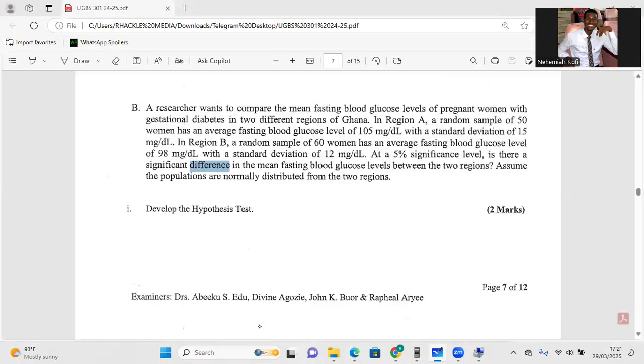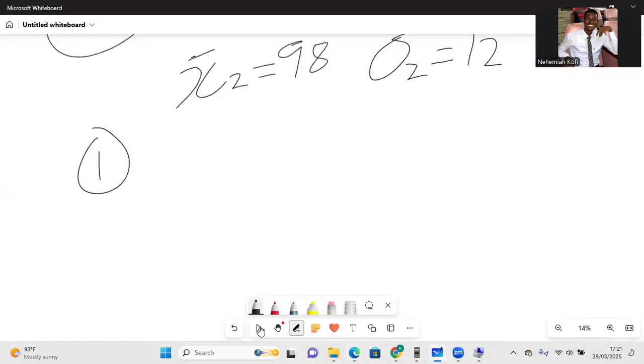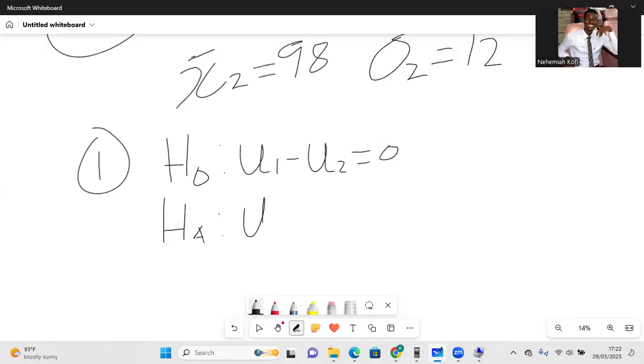I was asking us to develop the hypothesis test. So I have to develop the null and alternative hypotheses, right? So the null hypothesis here will be that H0 is such that μ1 minus μ2 is equal to 0. And then HA will be such that μ1 minus μ2 is not equal to 0.